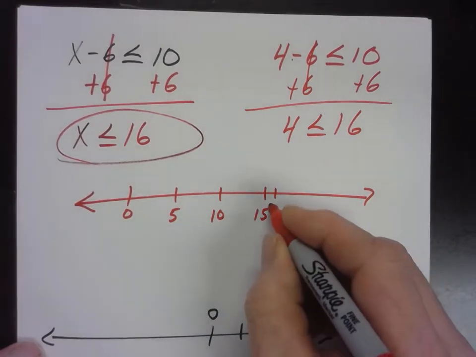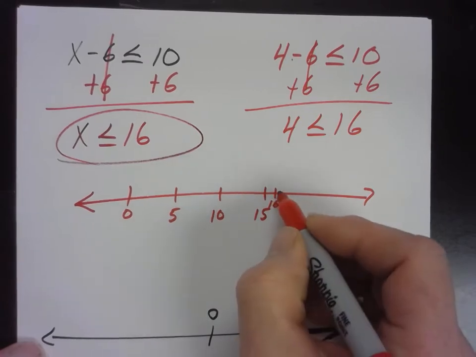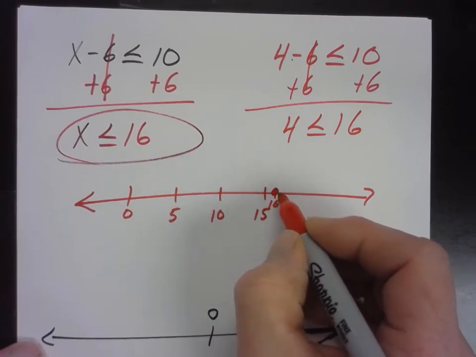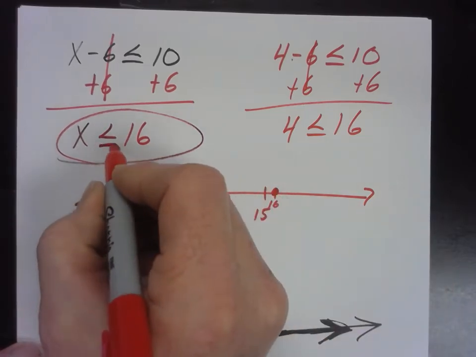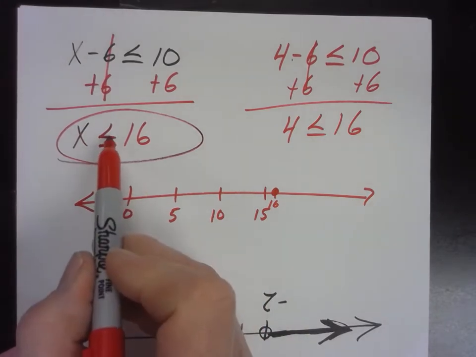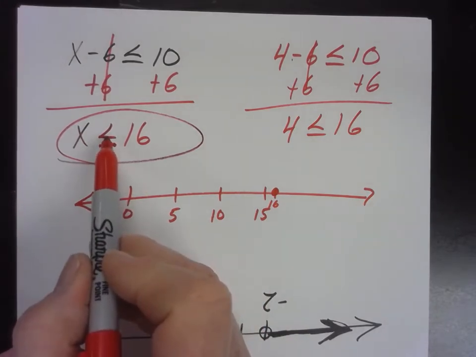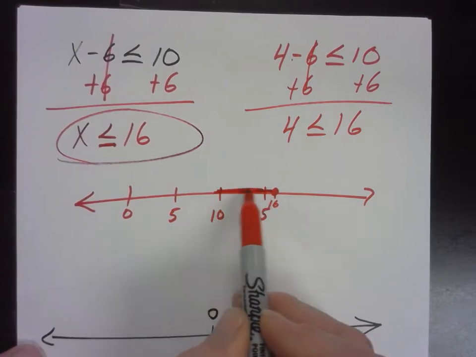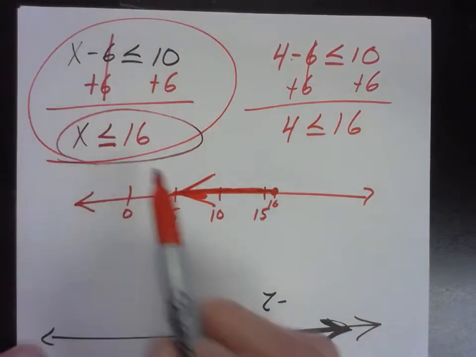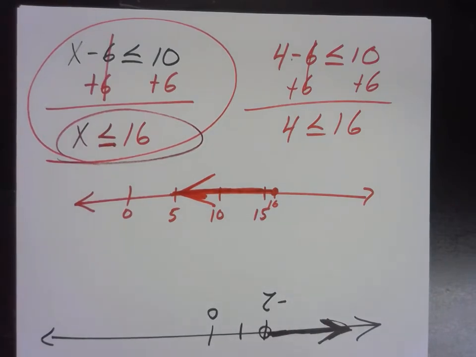Open circle, closed circle. Can it be equal to 16? Yes. Count it, right? Dot it in. Okay. Up the number line, down the number line. Down. Down the number line. Okay. So I solved the inequality and I graphed it.